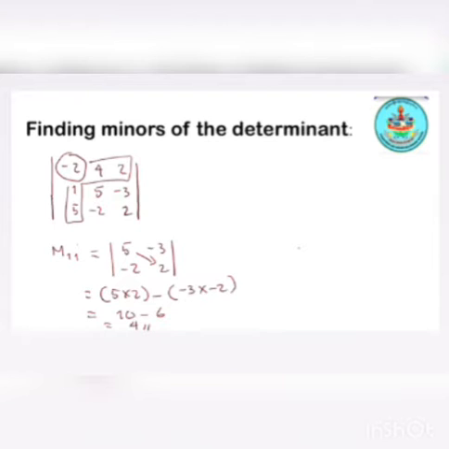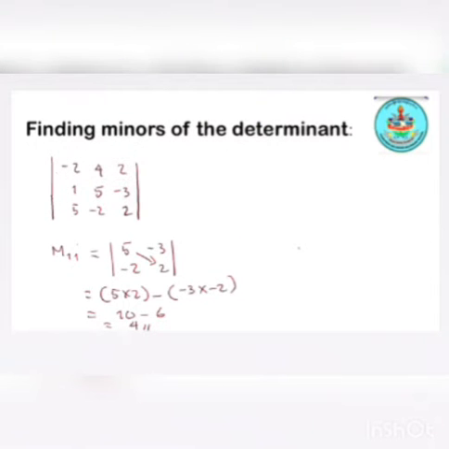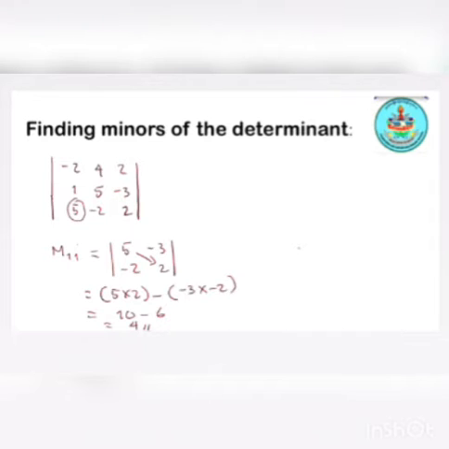So likewise, if you're asked to find the minor for, let's say, the third row, first column, we say M31. So what is left here? Ignore the intersecting elements.